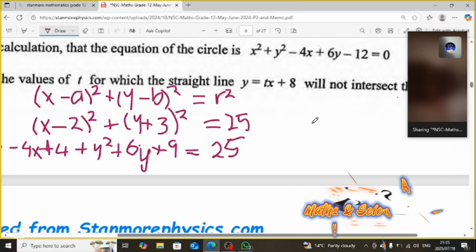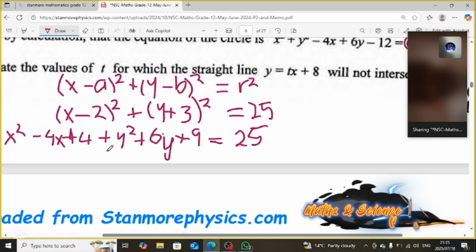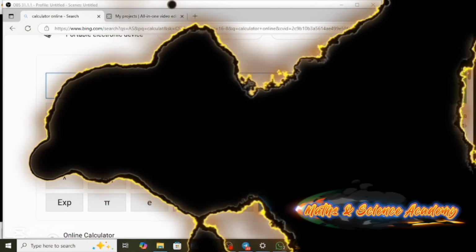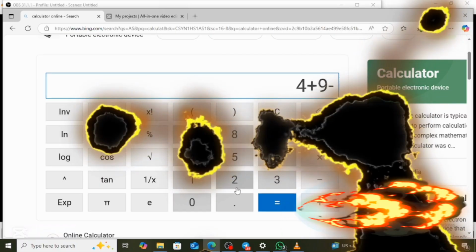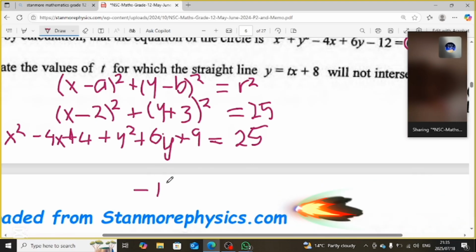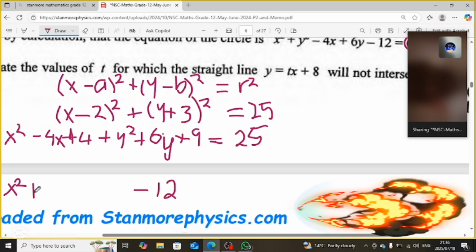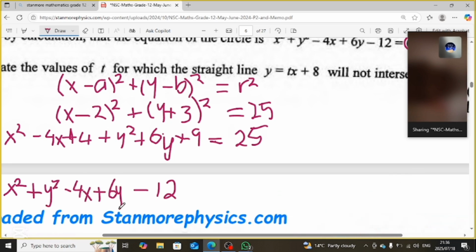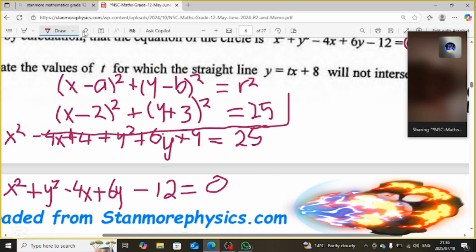We will then transpose 25 to the left of the equal sign, giving us minus 25. You will now punch 4 plus 9 minus 25 on your calculator, giving us minus 12. Hence, we write x squared plus y squared minus 4x plus 6y minus 12 equal to 0 as our final answer.